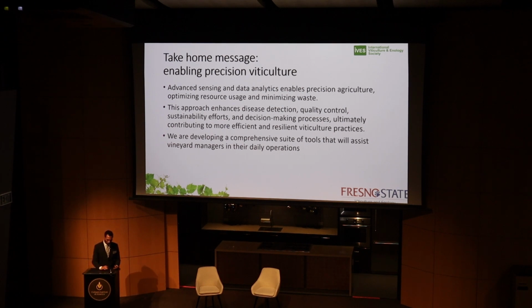I finished my time, the bell just rang, but I'm at the end of it. So we want to provide something that is available to the growers that they can use directly in their vineyards. And a lot of our work right now is going into simplifying the systems from a full-scale hyperspectral signal to smaller, cheaper sensors that could probably be deployed.